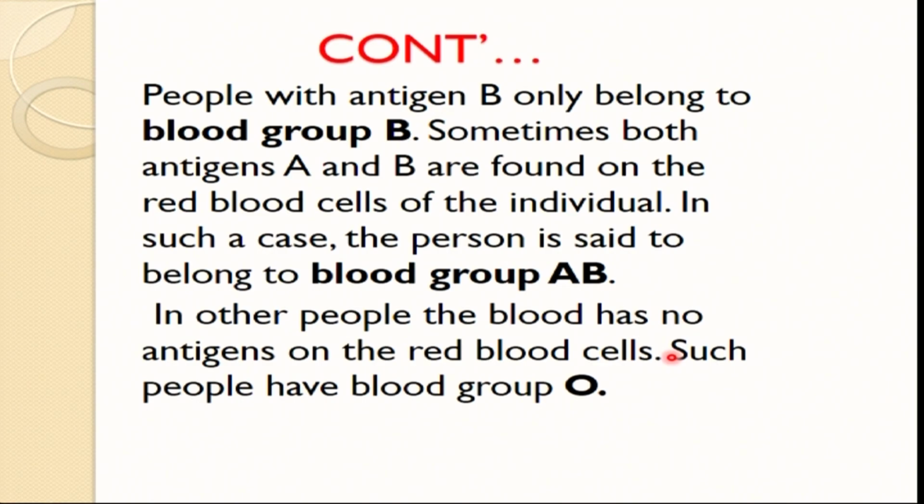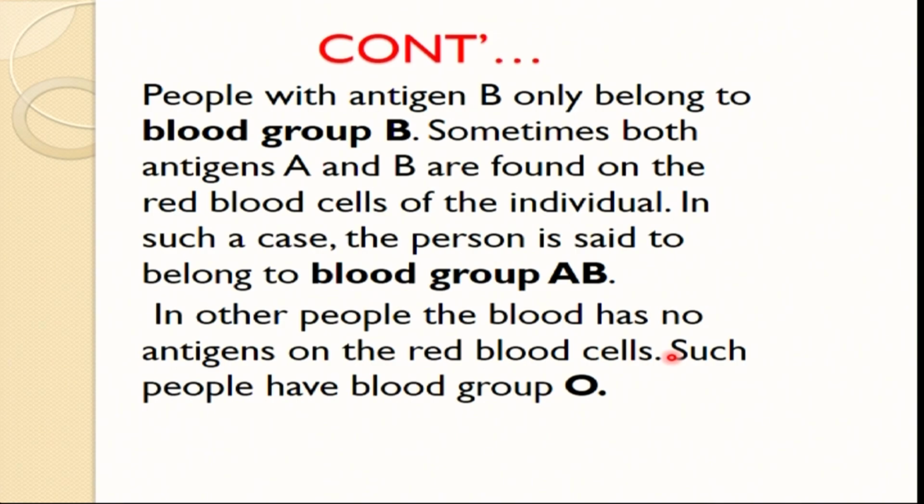Both antigens A and B are sometimes found in red blood cells. When you have both antigens in your red blood cells, you belong to blood group AB.